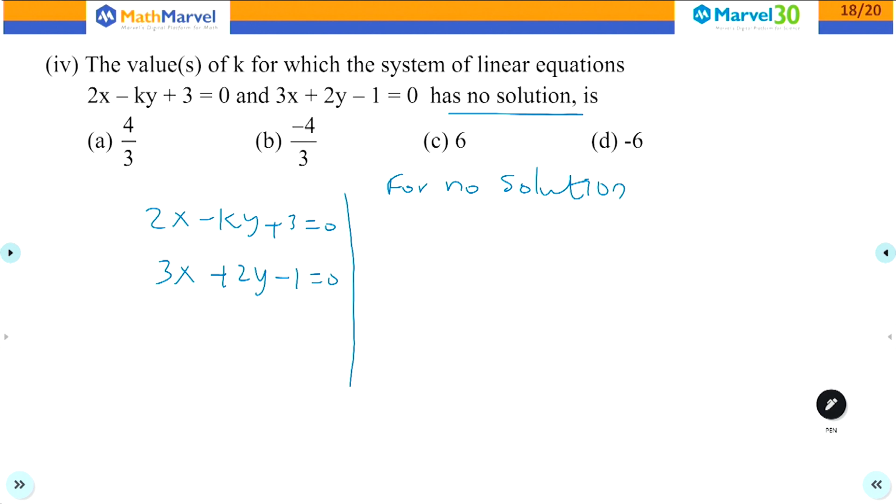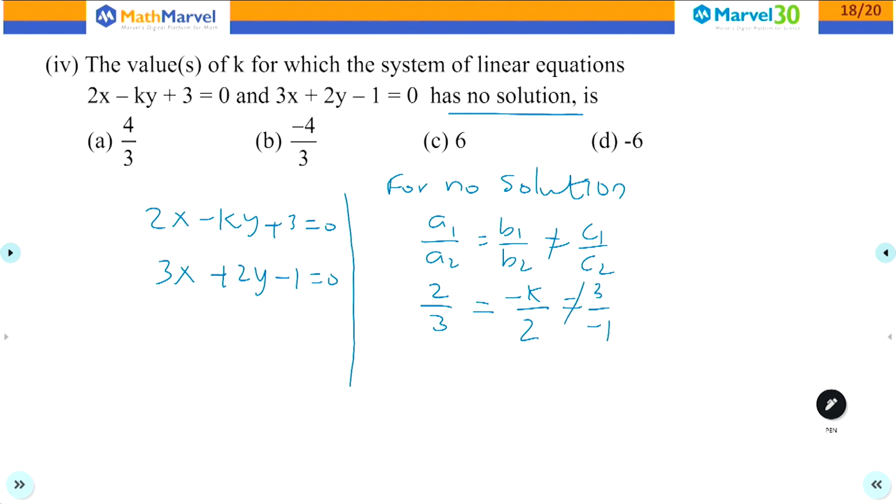The condition is a1 by a2 equal to b1 by b2 not equal to c1 by c2. So what is a1 by a2? 2 by 3 equal to b1 by b2, minus k by 2, and c1 by c2, 3 by minus 1, not equal.